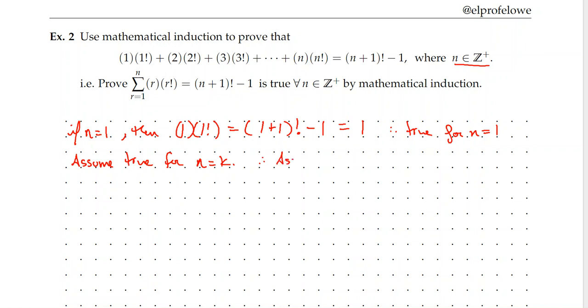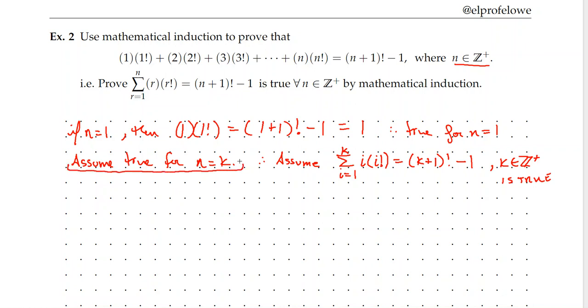So therefore, assume that the summation, I'll use an i this time, from i equals 1 to k of i times i factorial is going to be equal to k plus 1 factorial minus 1, where k is some positive integer. So we're going to assume that this is true. All right, that's our inductive hypothesis.